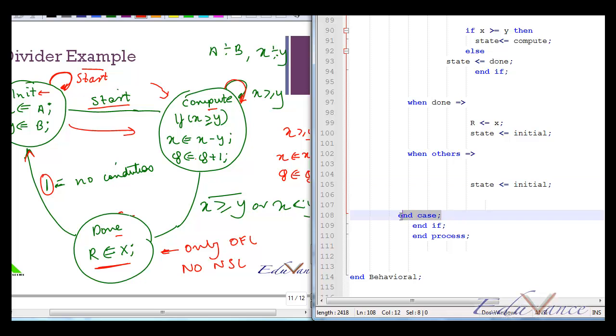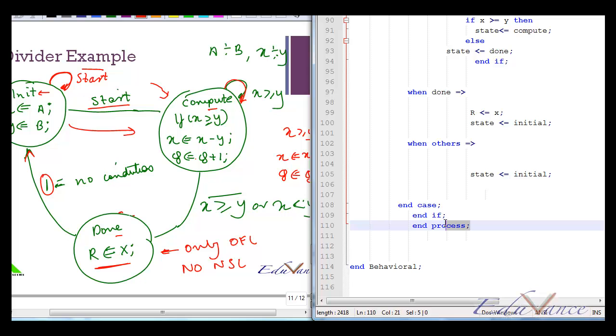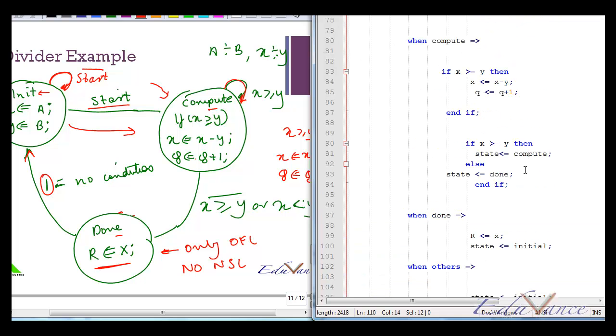Then I have an end case. This end if is for my if rising edge clock, and this end process is for the entire process. I hope that this divider example was clear.